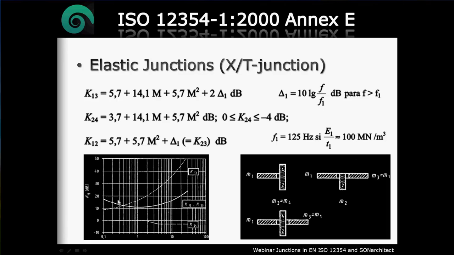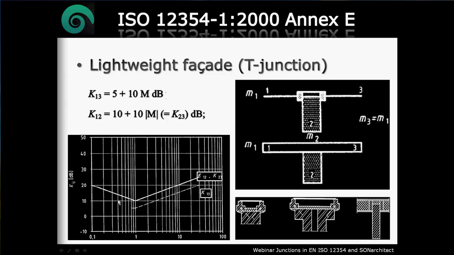But I just want to remark that here we still have a linear dependency on M and also on the squared value of M. But we can also find a new factor, which is delta 1, and this delta 1 will depend on frequency.